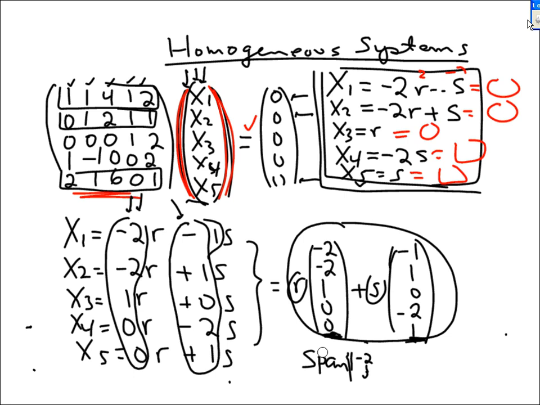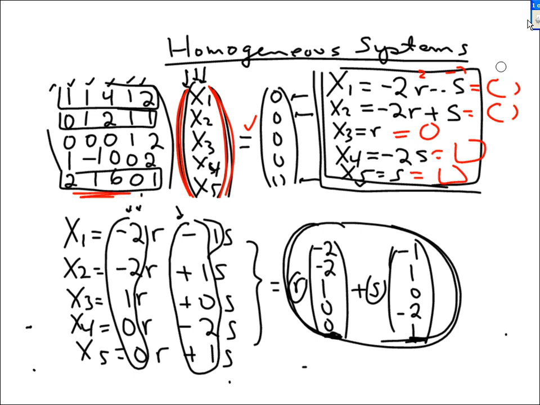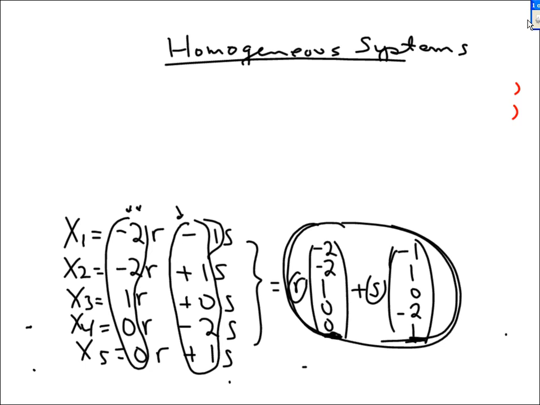I need more space, lovely. Isn't this right here the same as the span of those two vectors at the bottom right? Let me write down what I'm talking about. Now keep in mind that what I circled in the bottom right, r and s, can be any real number.